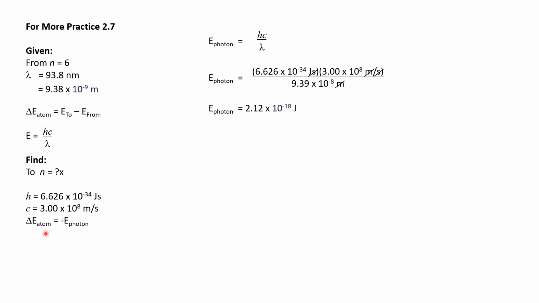And the thing that we know is that the energy change of the atom is the negative of the energy of the photon. So if we write our equation, then we can figure out that the energy change of the atom is going to be a negative 2.12 times 10 to the negative 18th joules. And so with this information, we're going to plug this in and start solving this problem, which will eventually get us to figure out what the n is, which is tucked into this value right here.